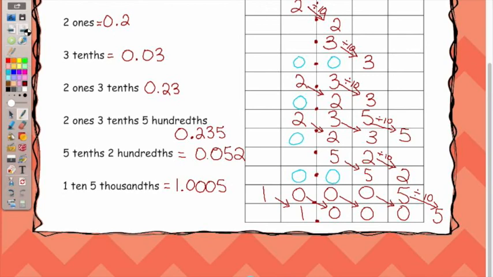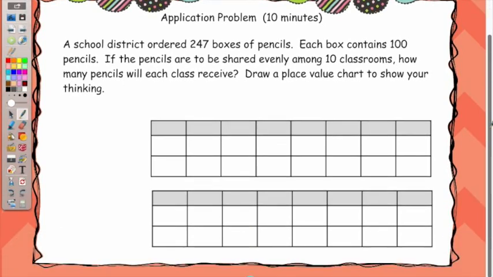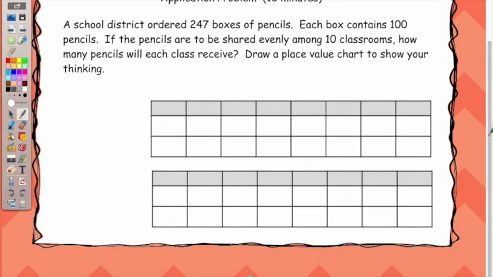Okay, let's take a look. This is going to be the application problem. Now do you remember in math class we don't get highlighters out, we just put a box around the numbers with our pencil, okay?